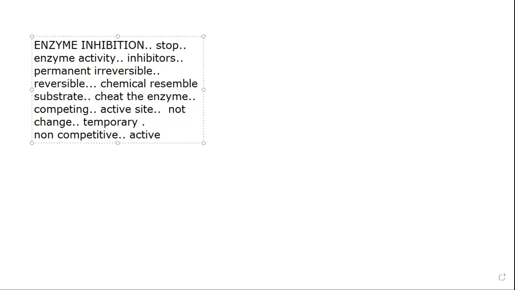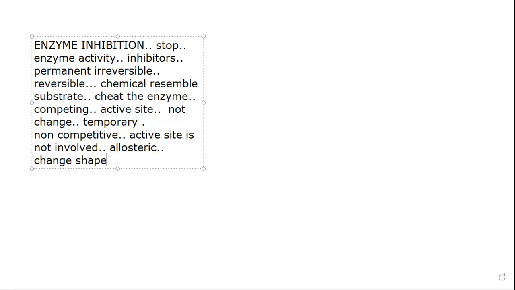It attaches to some other site, like the allosteric site. It brings about a change in the shape of the active site. When the shape of the active site changes, the active site is available, but it cannot attach the substrate because the shape has changed.